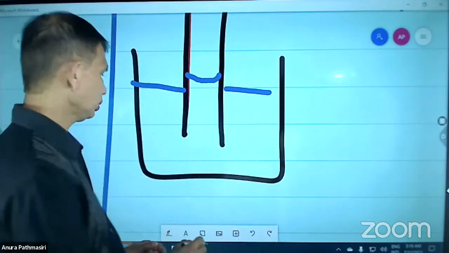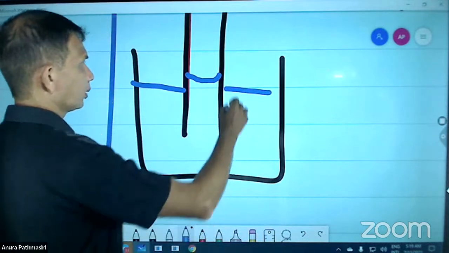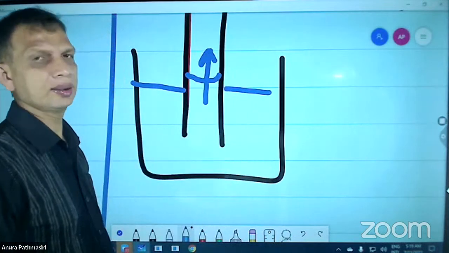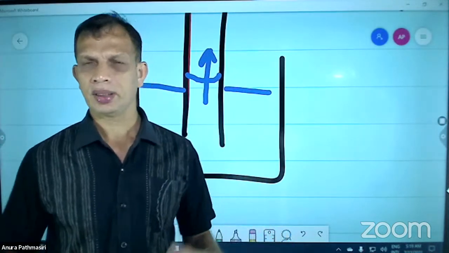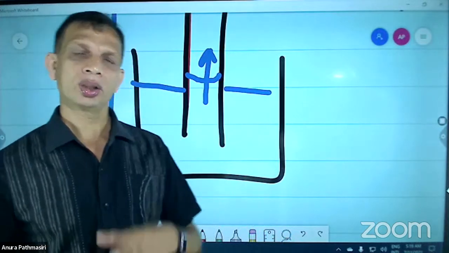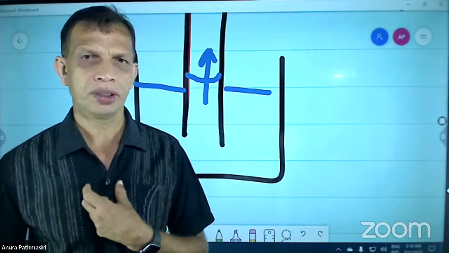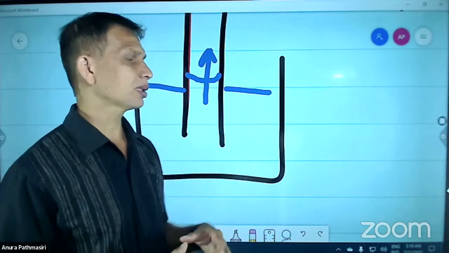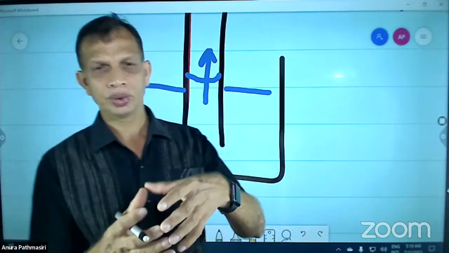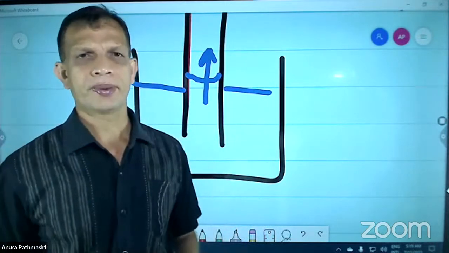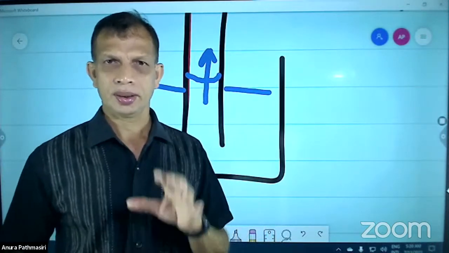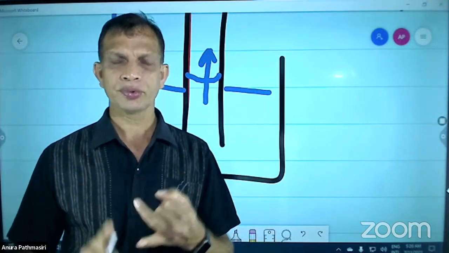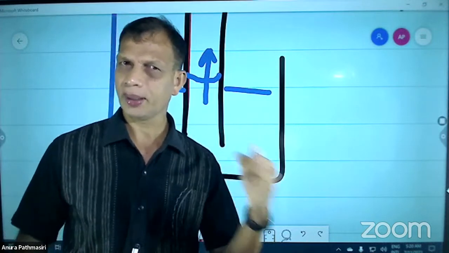The capillary action gives the force for the upward movement of water in the xylem tissue. Not only that, even in blood vessels and the urinary tract, wherever a solution has to be moved up, the moving up is supported by these two forces, adhesive and cohesive forces, which we call capillary action.